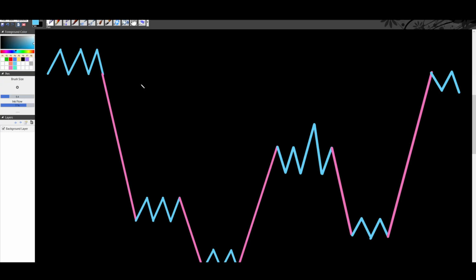We're still on a very lofty conceptual level. Up here is an area of balance. Everything that's blue is an area of balance. This is an area of balance, balance, balance, balance here, and balance here.